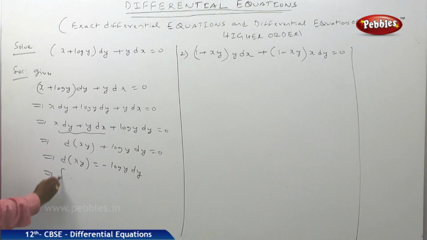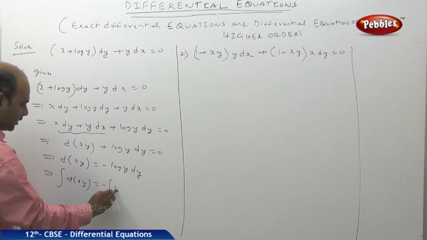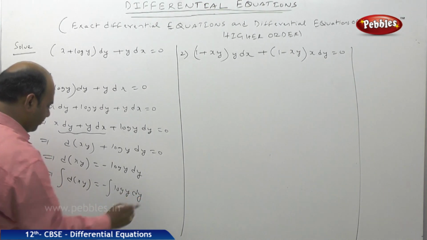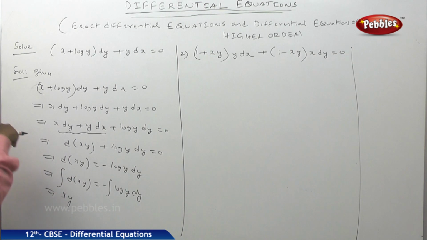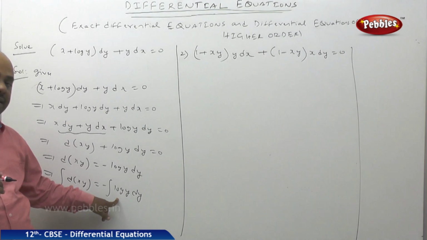So for my convenience, d of xy equals minus log y dy. Now integrate on both sides. So d of xy is equal to minus integral of log y dy. Integral and derivative will get cancelled, so here we get xy, and in one of our earlier classes we have proved the integral of log x is x into (log x minus 1).